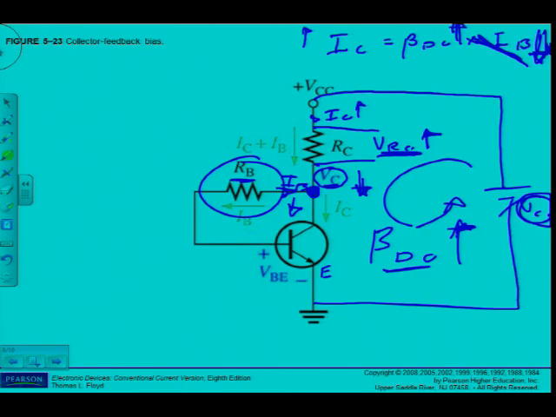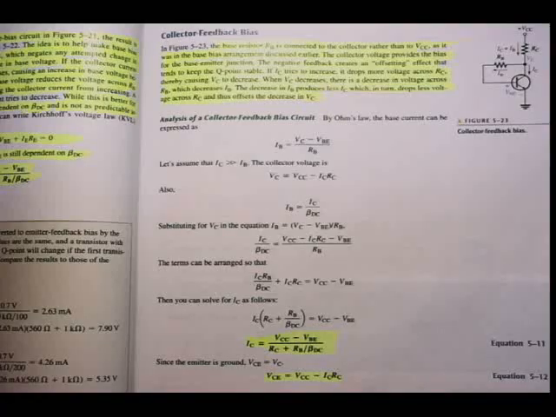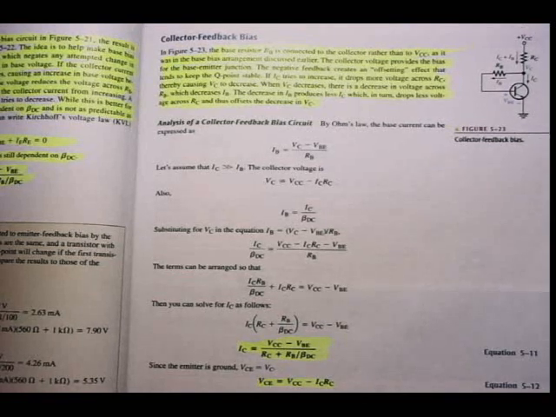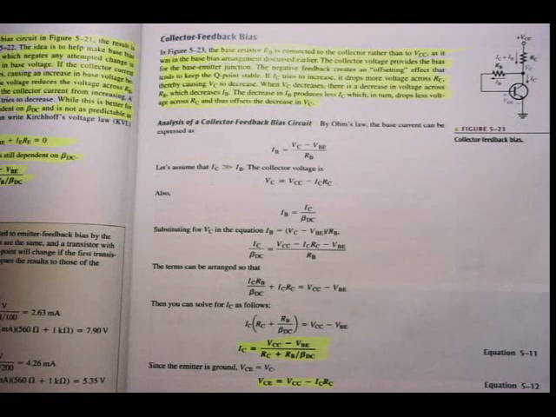decreases. Anyway, if we go back to our textbooks, I've marked it there. You will see I basically tell you the same as I did. The base resistor RB is connected to the collector rather than VCC, as it was in the base bias arrangement discussed earlier. The collector voltage provides the bias for the base-emitter junction.